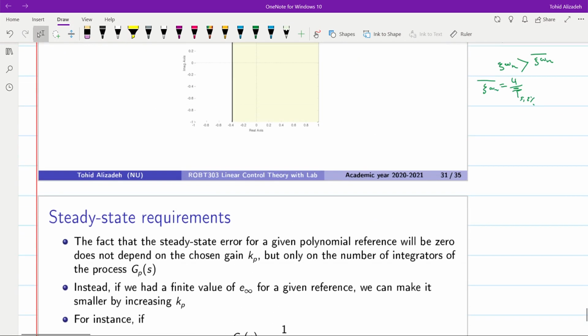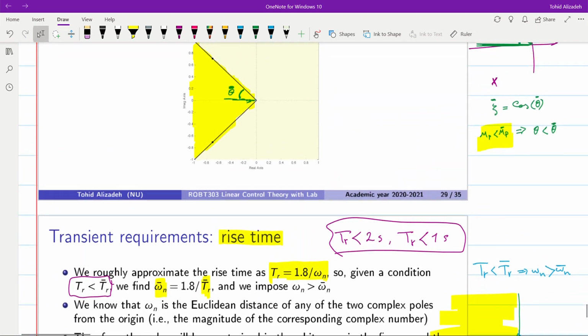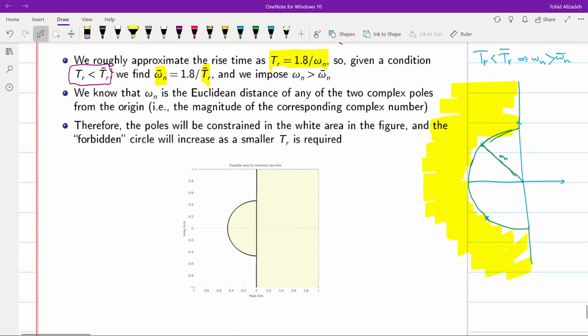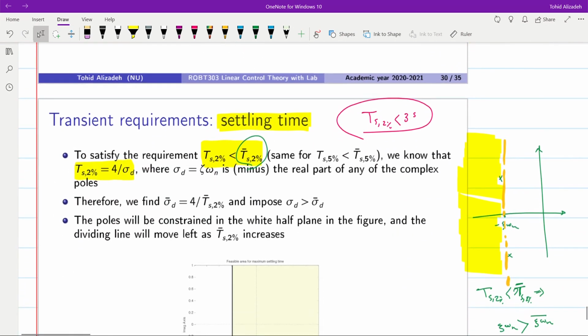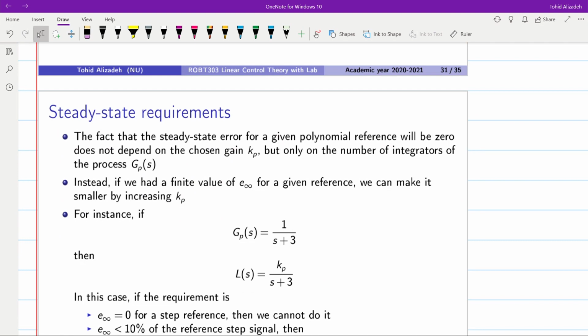So we had those 3 transient requirements separately. If we have more than one requirement at the same time, then we need to find out the intersection of the yellow highlighted areas that I just showed you. I may show it later in an example.